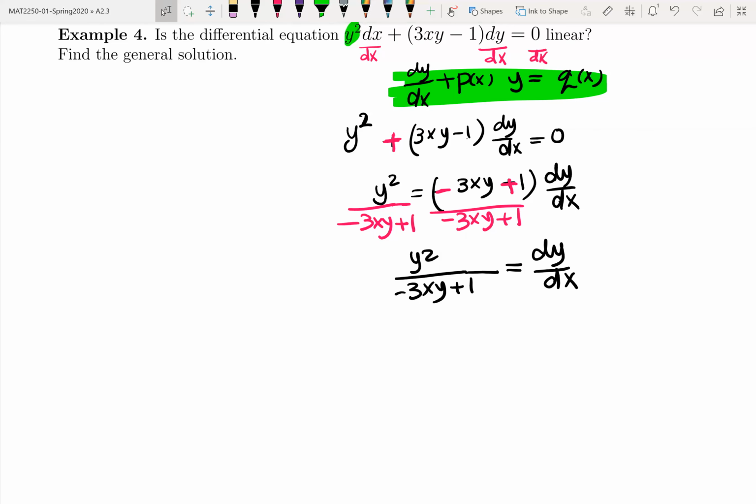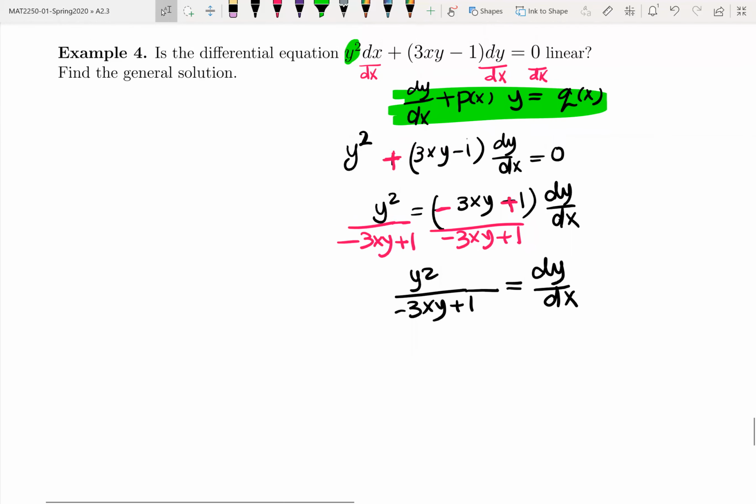Okay, it seems there's no way to separate it somehow to write it in that way. So let's say if we have dy dx plus p of x times y equals q of x.